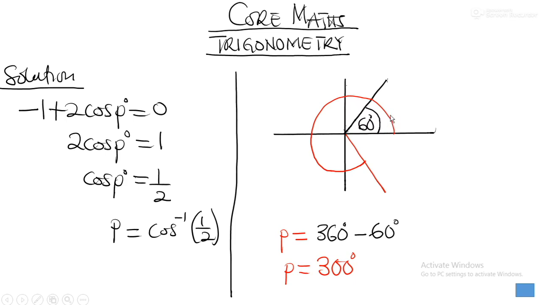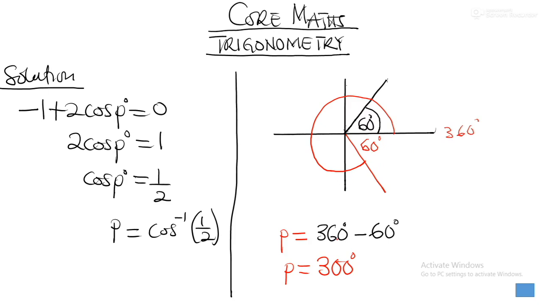The calculator gave only the smallest value, 60. So we have to use this 60 to determine the value of p in the fourth quadrant. The 60 here will also serve as a reference angle in the fourth quadrant. Our main angle p is from here to here, so we have to subtract this reference angle, 60, from 360 to get our p.